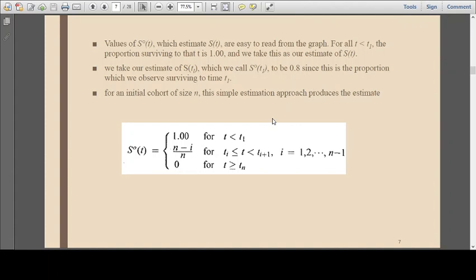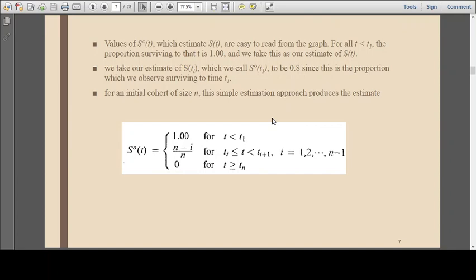For an initial cohort of size n, this sample estimation approach produces the estimate S naught(t) equal to 1 for t less than t1, (n minus i) over n for ti less than or equal to t less than ti plus 1, and S naught(t) equal to 0 for t greater than tn.